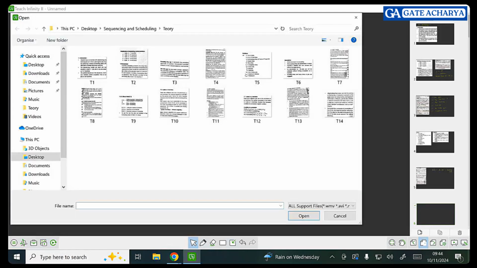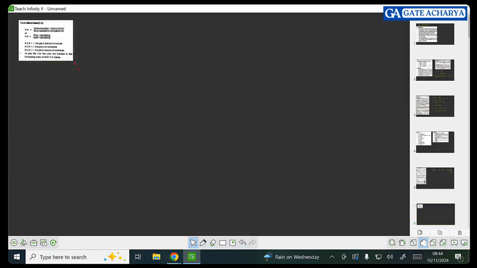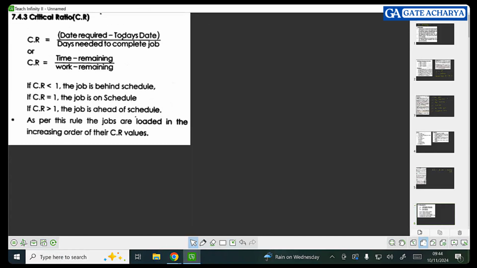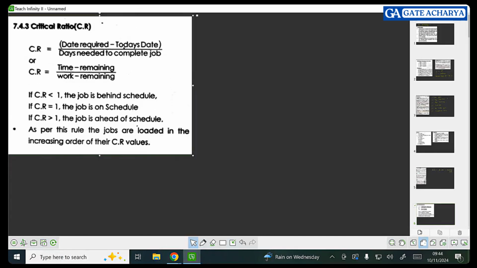Next, critical ratio: date required minus today's date, divided by days needed to complete the job, comes under critical ratio. But I don't think we'll get a question on critical ratio.